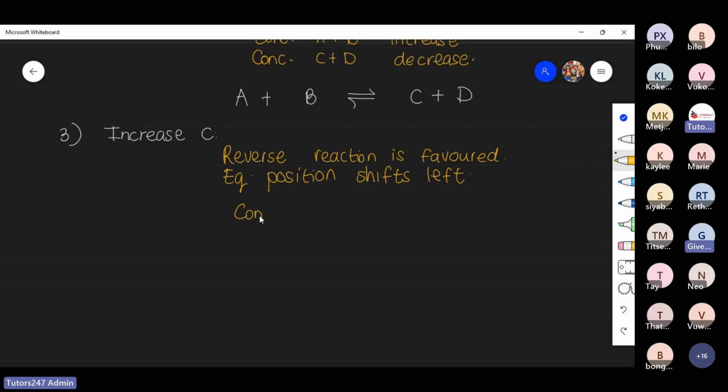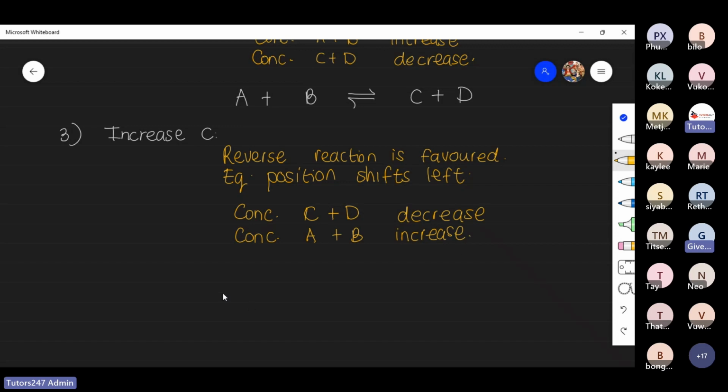If our right-hand side is our reactant and our left-hand side is our product, our right-hand side is going to decrease. It's going to get used up to produce the left-hand side, to produce the product. So our concentration of our reactant, which is C and D, is going to get used up or decrease to produce more of A and B. So the concentration of A and B increase.